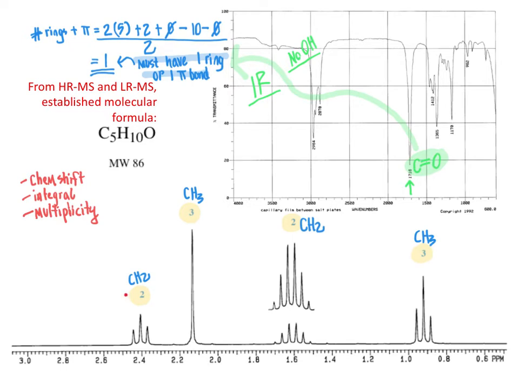Looking at these integrals, the integrals that we have determined here should add up to the total number of hydrogens present within the molecule. So if we take 2 plus 3 plus 2 plus 3, that equals 10, which indeed matches up with the molecular formula that we were given. That is a must-have because we have to see that these protons are all present.